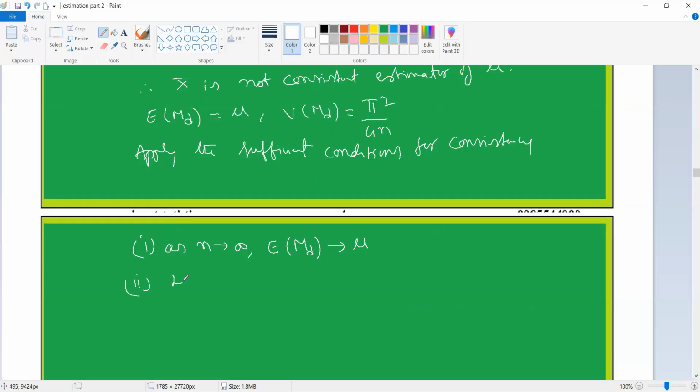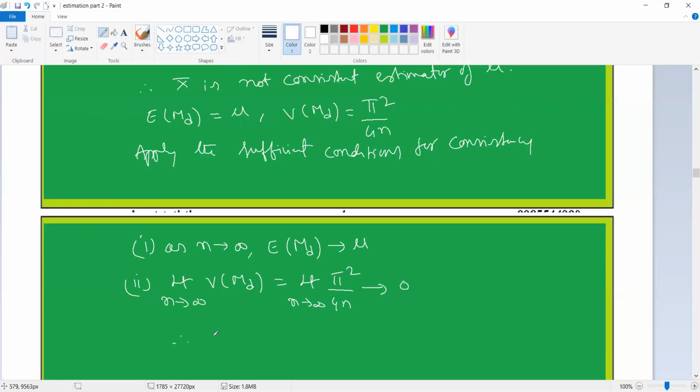Second one, limit n tends to infinity, variance of median is equal to limit n tends to infinity, pi square by 4n. As n reaches infinity, this ratio reaches 0.